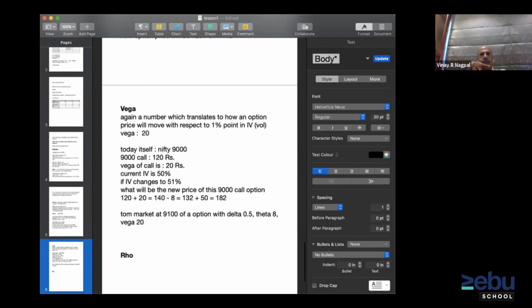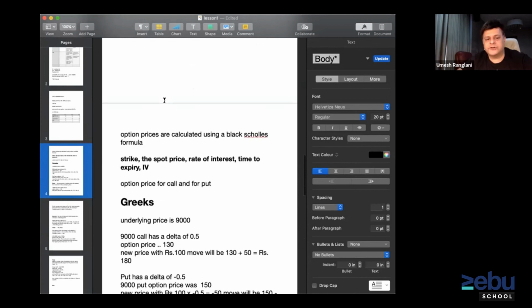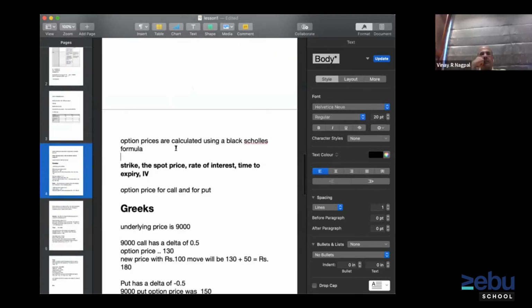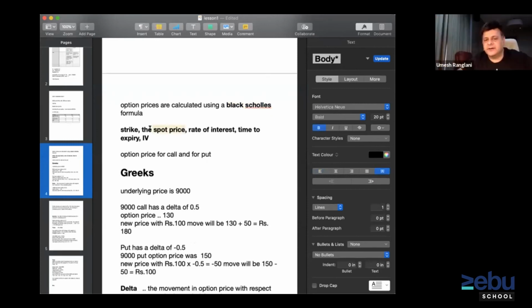So now we have seen all of the components which have been put in the Black-Scholes model. The spot price is represented by delta. As the spot is going up and down, the delta is getting affected. Gamma is a second layer of derivatives which works on the delta. It is not the first derivative.